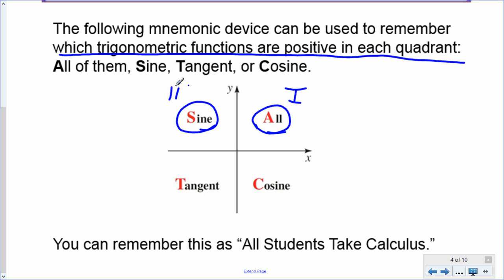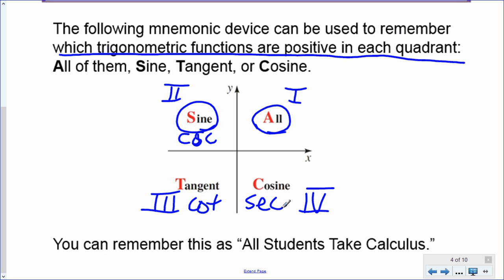Sine is positive in quadrant 2, and that also includes its reciprocal function, so actually sine and cosecant are positive. In quadrant 3, tangent and cotangent are positive. And in quadrant 4, cosine and secant are positive. But all students take calculus can help you remember.